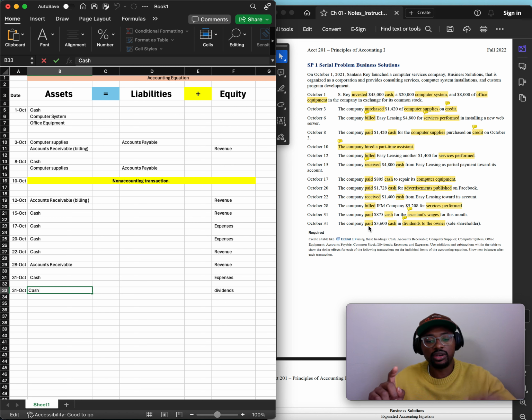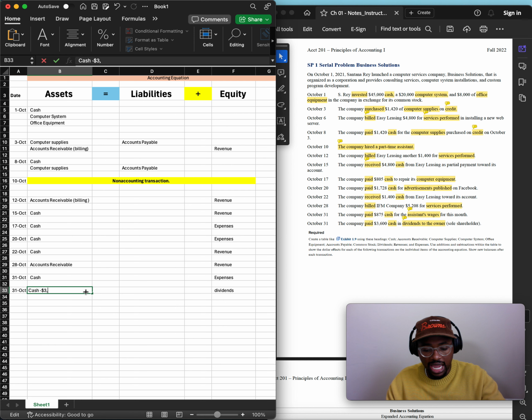They're going to say increasing or decreasing, right? So the company paid 3,600 cash. So is cash increasing or decreasing? Put it in the chat. Increase or decrease? Please, if you're watching, put it in the comment section. Don't just watch this, put it in the comment section. Is cash increasing or decreasing? Yes, you got it. Cash is decreasing.